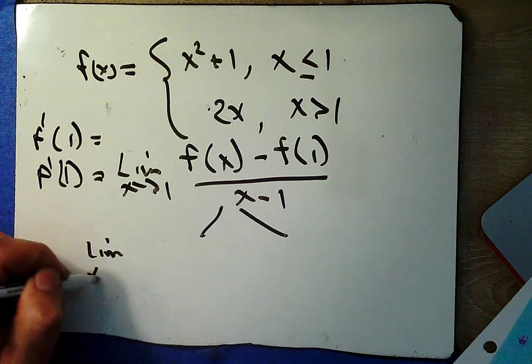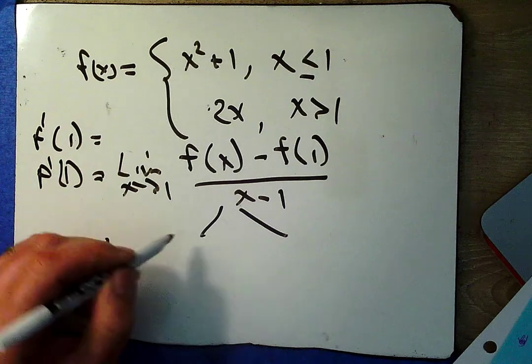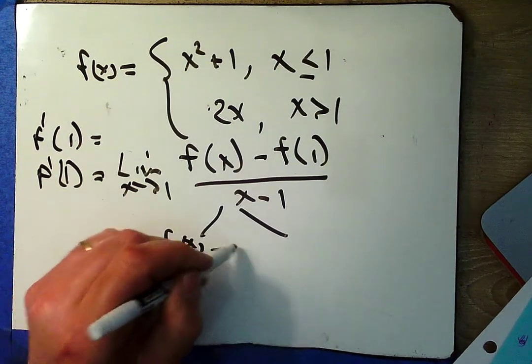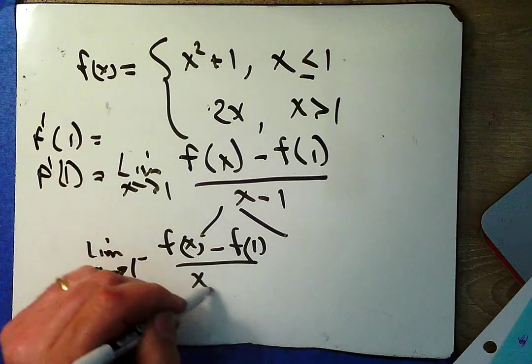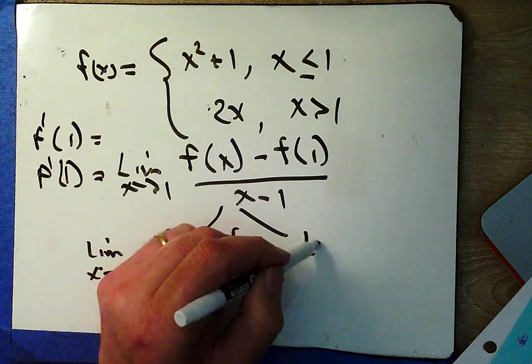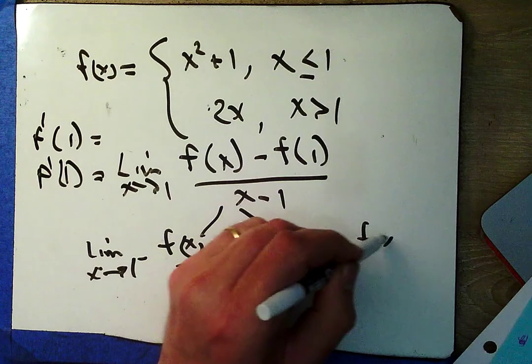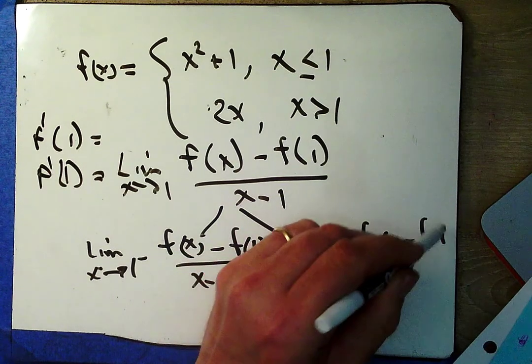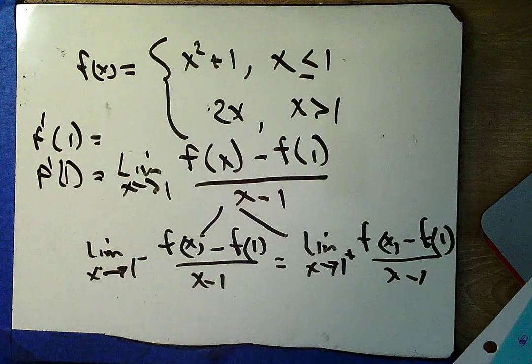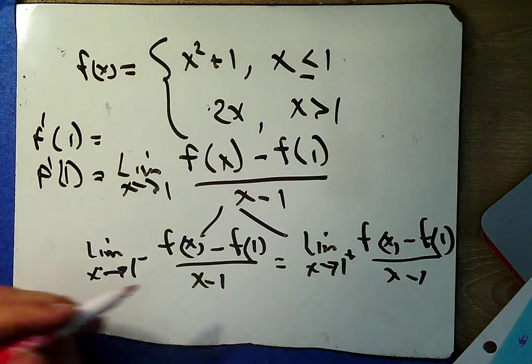So the limit as x approaches 1 from the negative side, f of x minus f of 1 over x minus 1, should equal the limit as x approaches 1 from the positive side of f of x minus f of 1 over x minus 1. All right, so let's go about filling this stuff in.